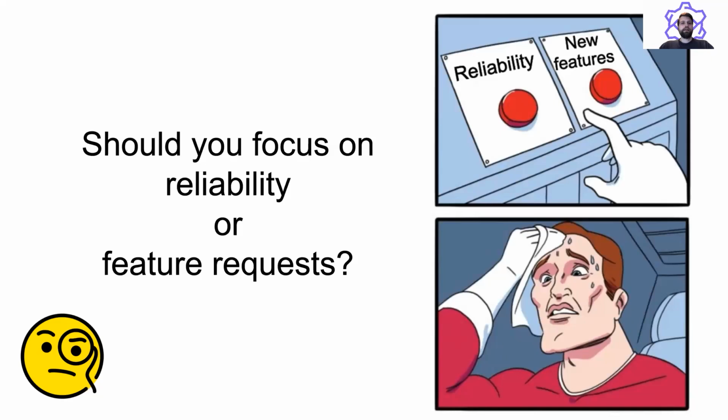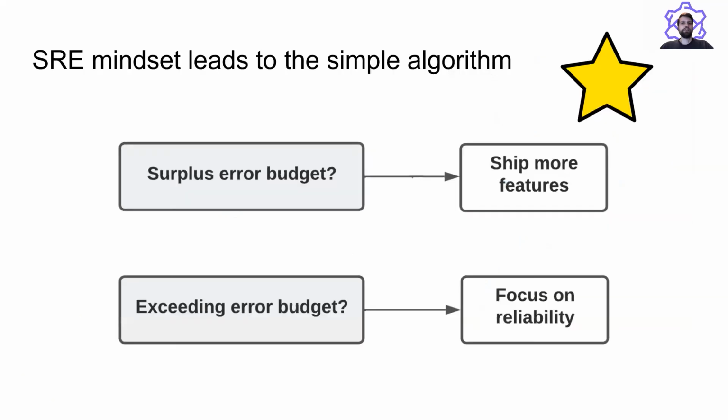When we adopt the SRE mindset, the question, should you focus on reliability or feature requests, is no longer so tricky. A simple algorithm can give us the ultimate answer. Surplus error budget? Ship more features. Exceeding error budget? Focus on reliability. So simple. Just everybody needs to follow those simple rules without excuses.